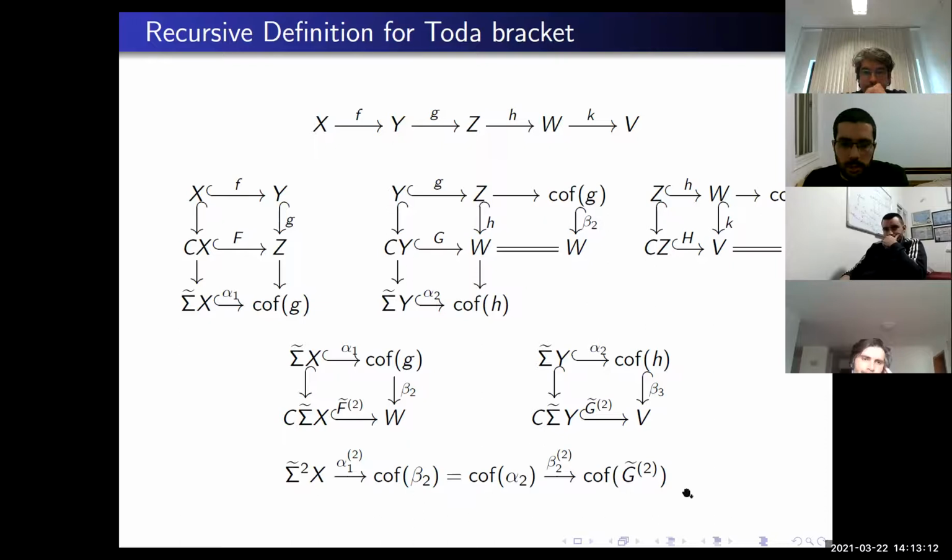So I use that fact, and I can compose them and get a map from the double suspension to the cofiber of G2, which in reality is equivalent to V. Why? Because this map is a cofibration, and this one is contractible.